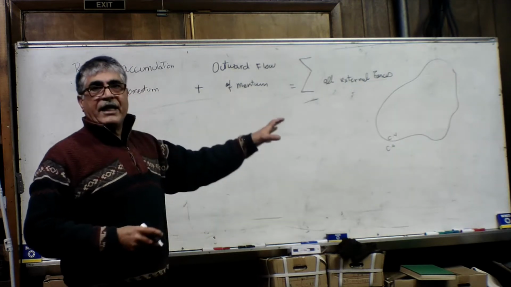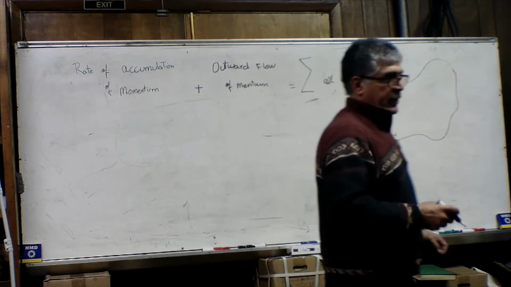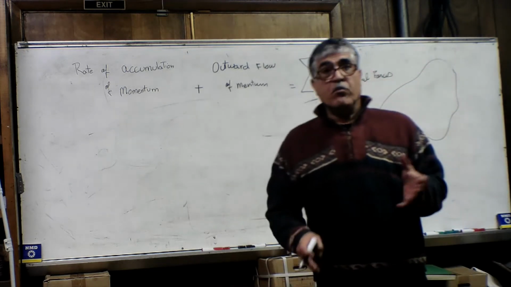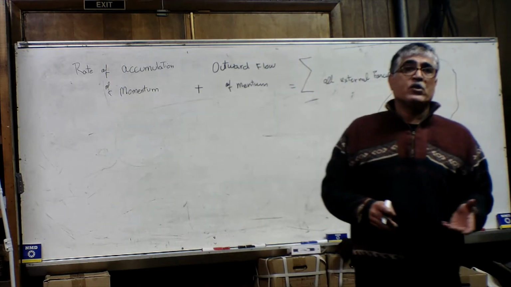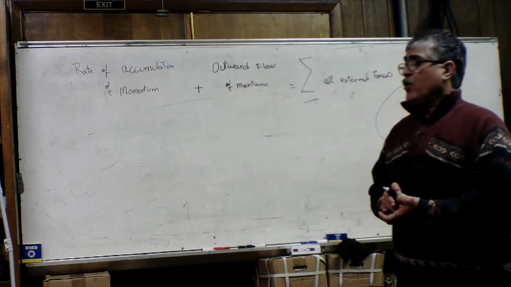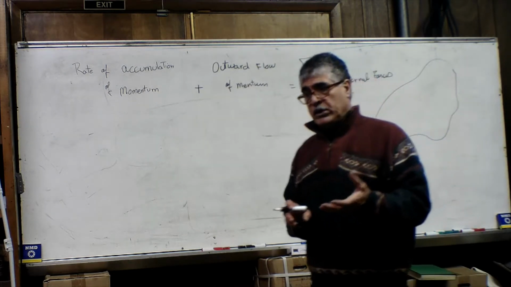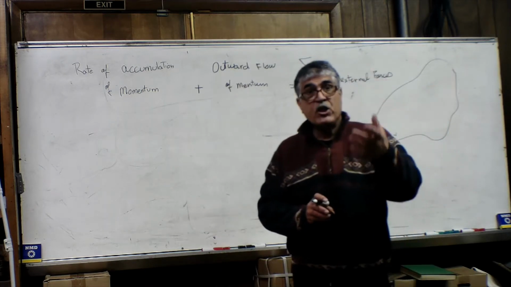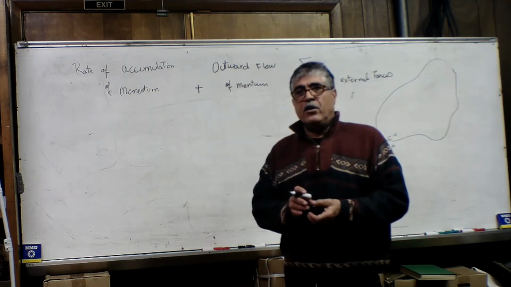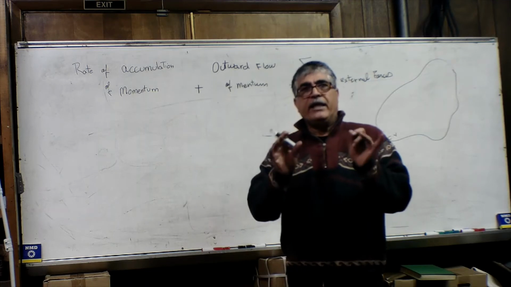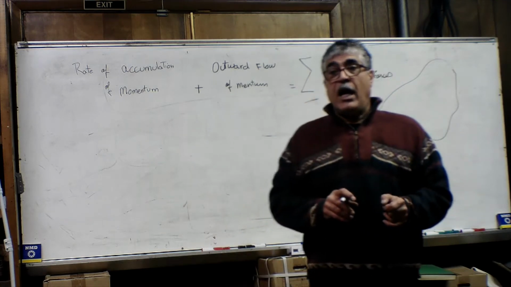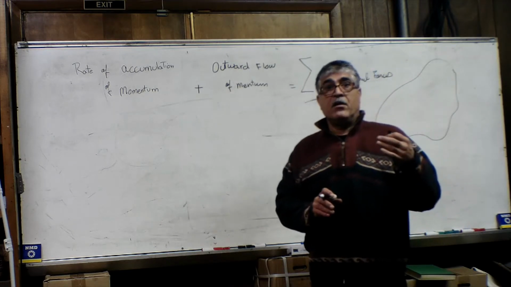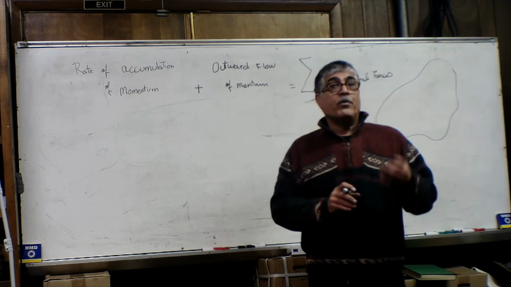Now the forces that are acting on a system can be divided in two portions, body forces and surface forces. The body forces are those forces due to gravitational, magnetic, or any sort of electrical effect, and they can be denoted per unit mass or per unit volume.